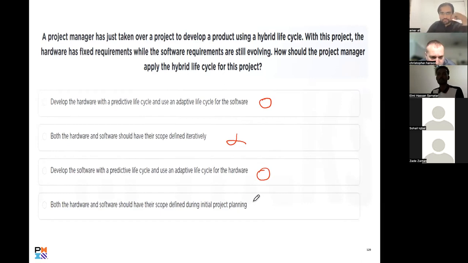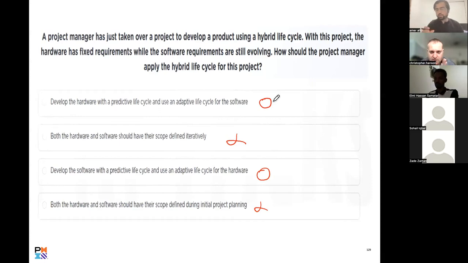Both the hardware and software should have the scope defined, so that would be no. So develop the hardware with a predictive life cycle. I believe it's going to be A, but I can't remember the definitions between hardware and software again.